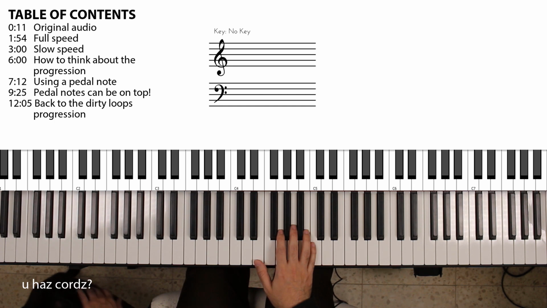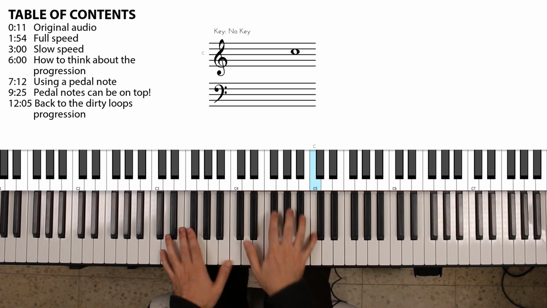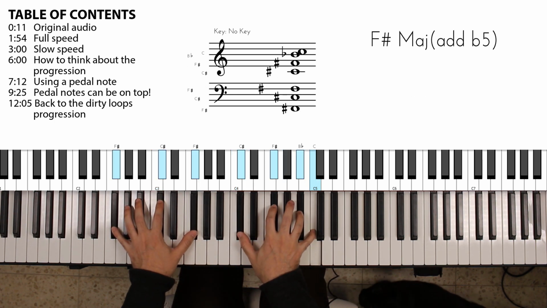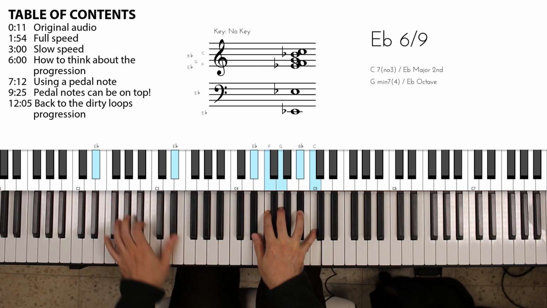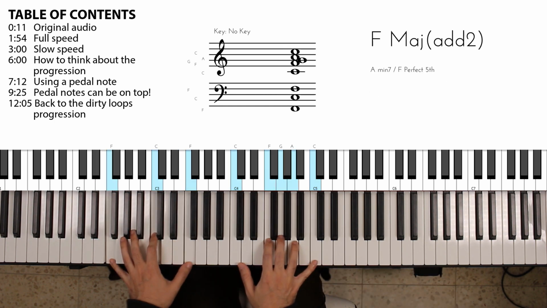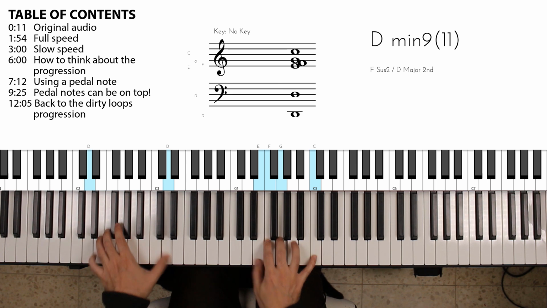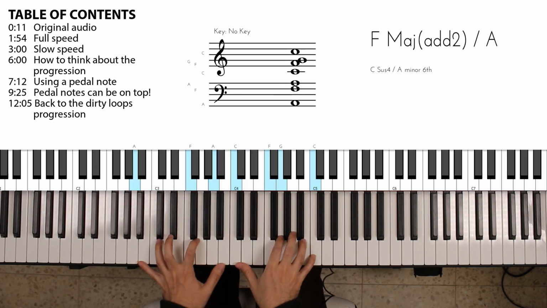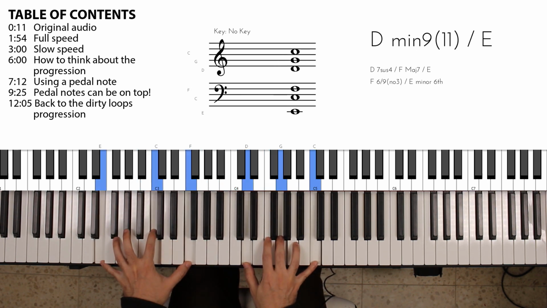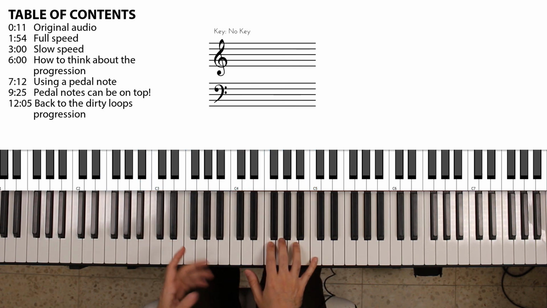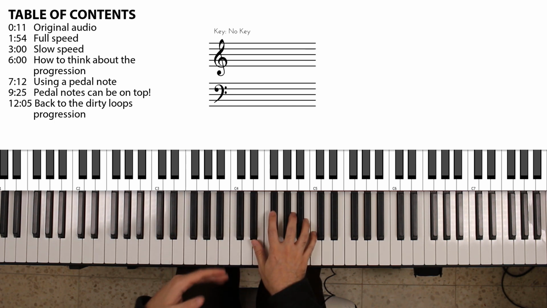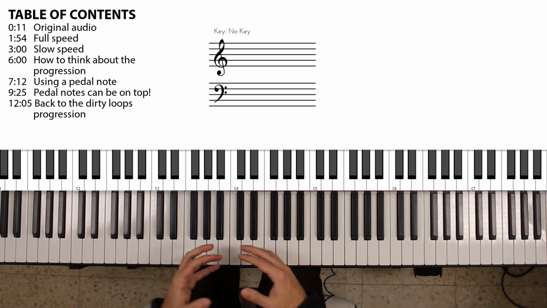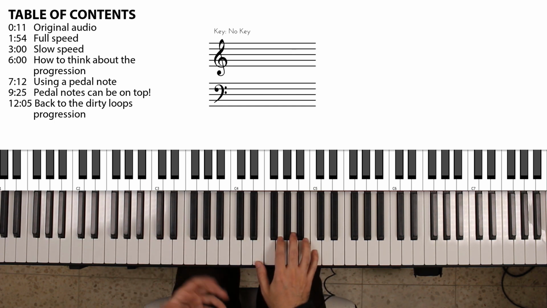For example, let's try the C major, F sharp major, E flat major, F. So I'm adding all of these, quote unquote, weird chords in the middle that are outside the scale, and they mesh together because I'm giving the listener this anchor point.